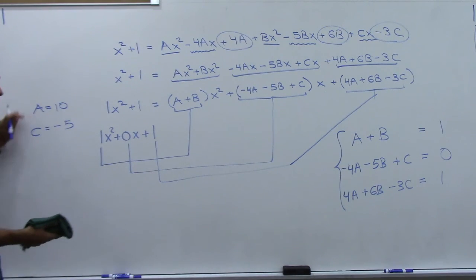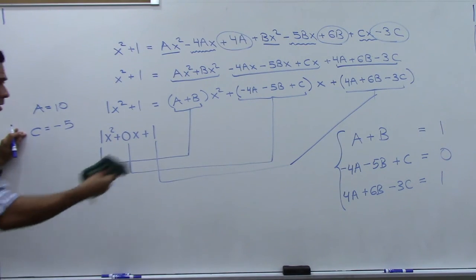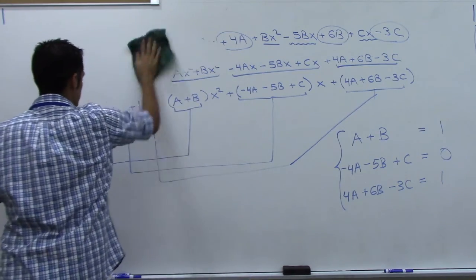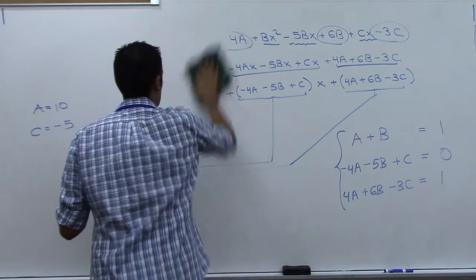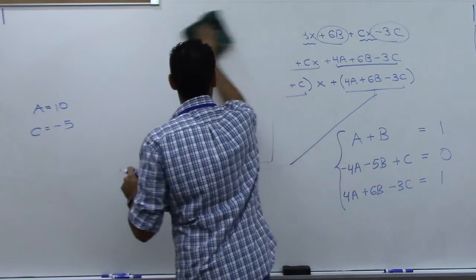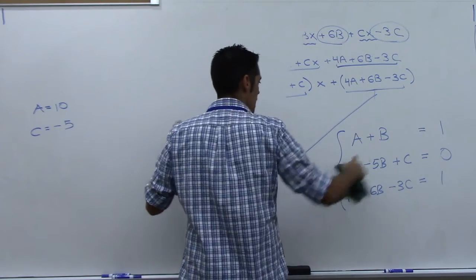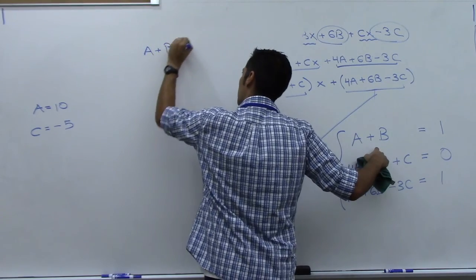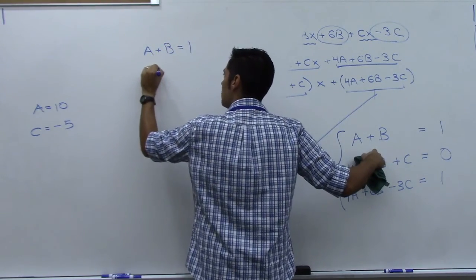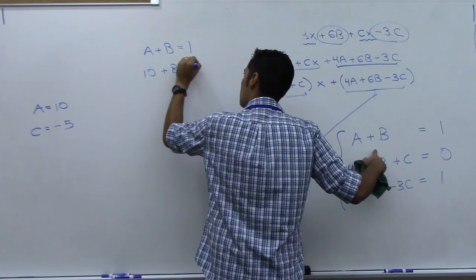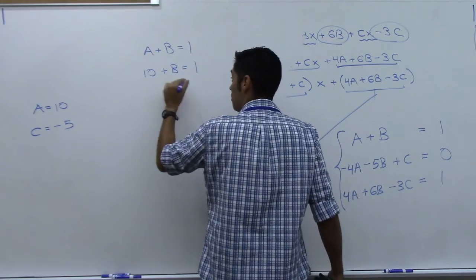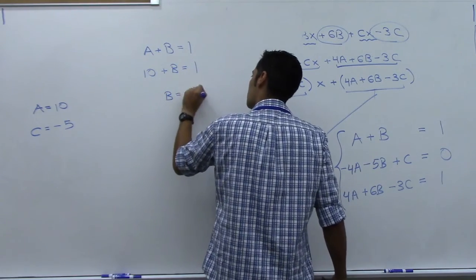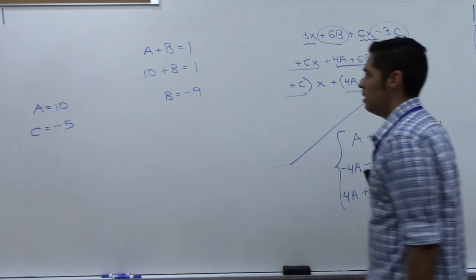So if I know what A and C are, that's going to really help me clear out everything and get my B, because that B is really the only thing I don't know. So let's look at that first equation. A plus B has to be 1, but I already showed earlier that A had to be 10. And I'm done, because subtract, you get B is negative 9. And that was the only thing I didn't know.